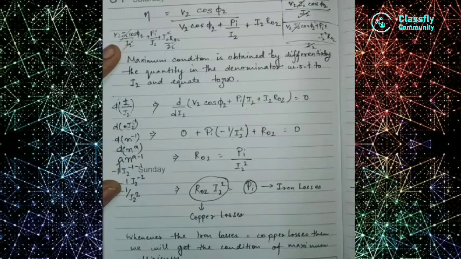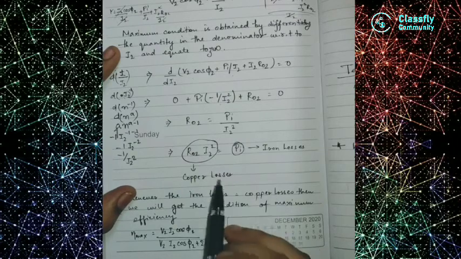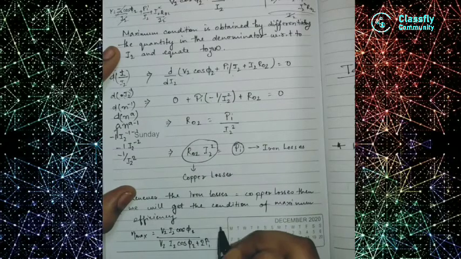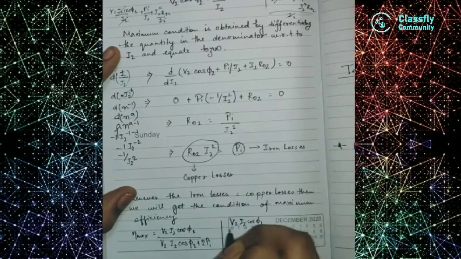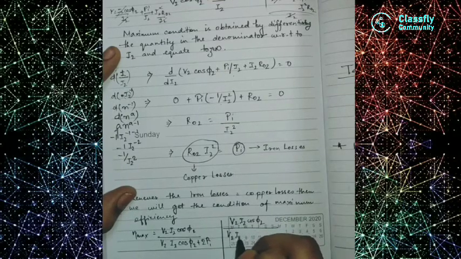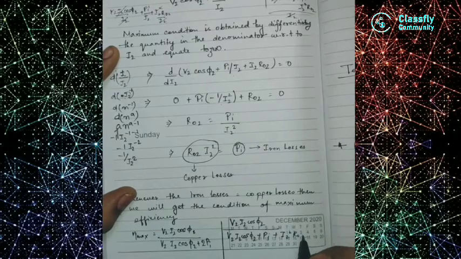So let's do it. Here I have put the copper loss equal to Pi. That means V2 I2 cos phi 2 is my numerator, whereas the denominator is V2 I2 cos phi 2 plus Pi plus I2 square R02. I have taken this term as Pi, so I got 2 Pi.